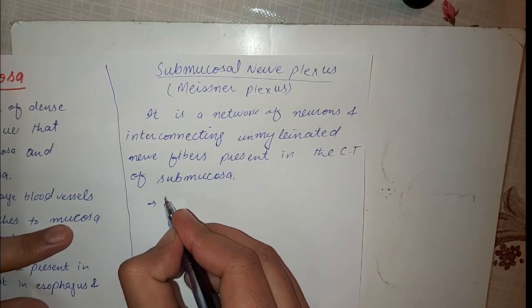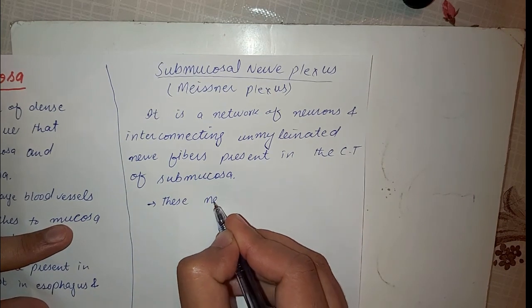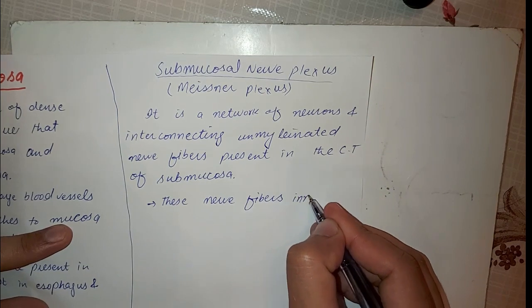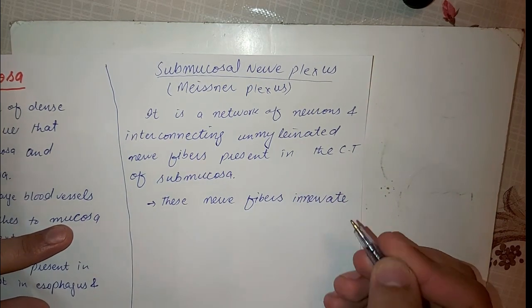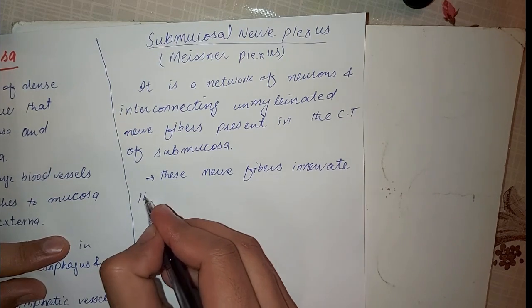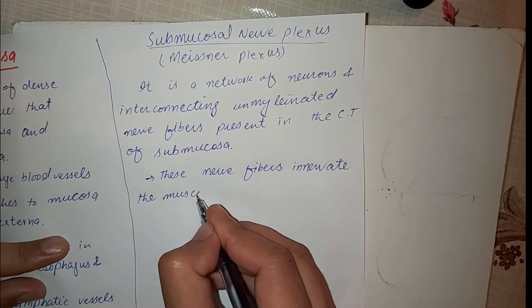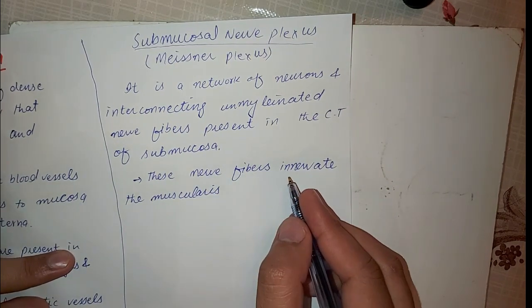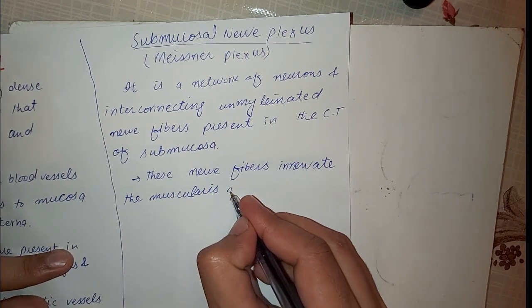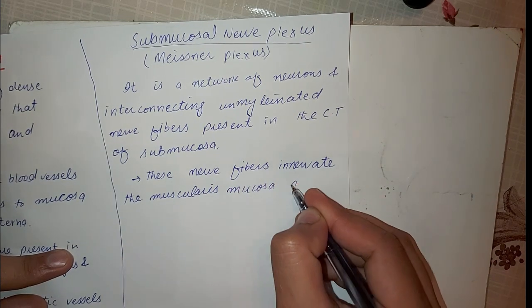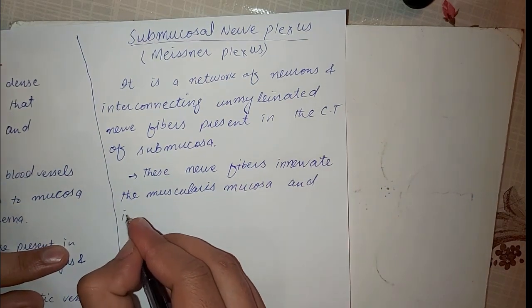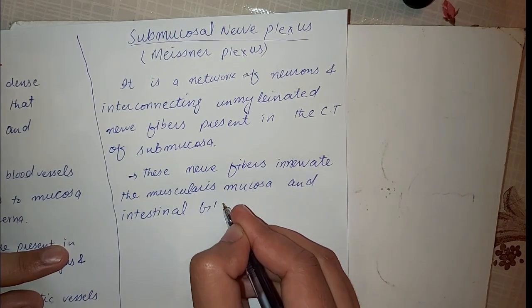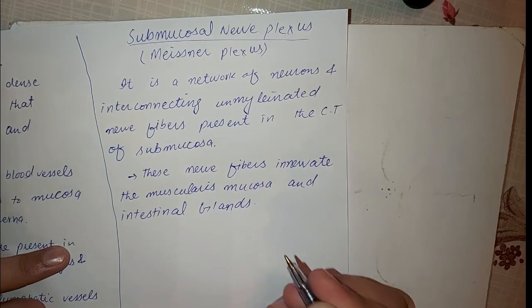These nerve fibers innervate the muscularis mucosa and the intestinal glands, the glands present in the intestine.